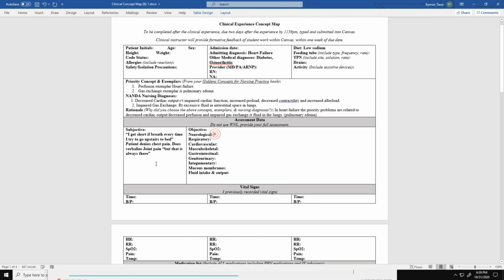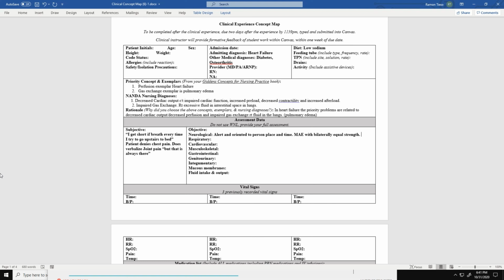And when you come over here in objective data, alert and oriented to person, place, and time. Now you could just say alert oriented times 3 too. Then you could say moves all extremities with strength bilaterally equal.